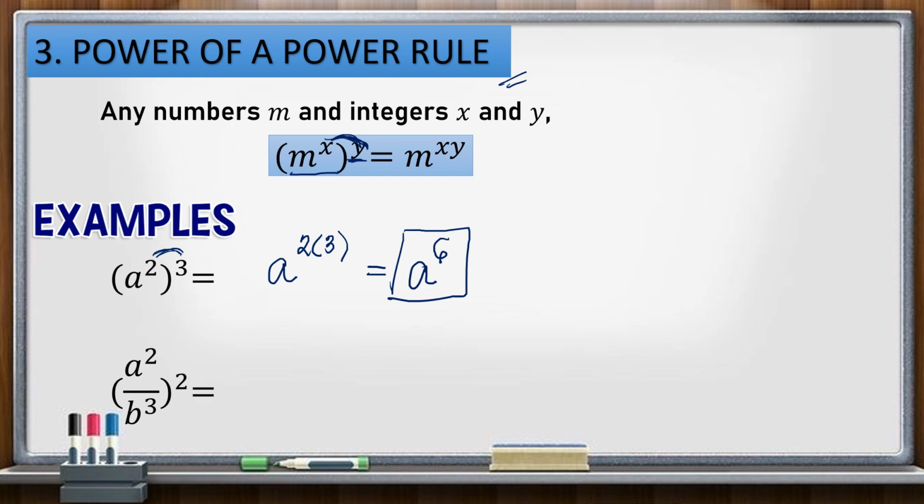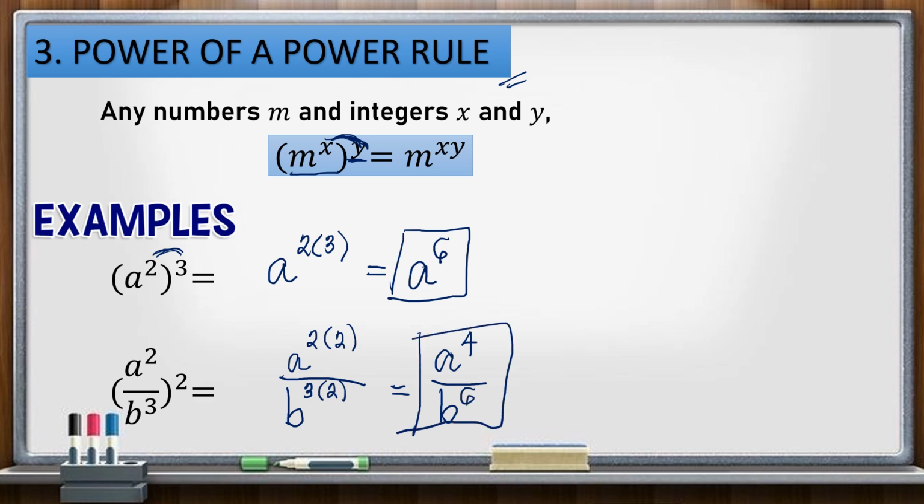So this will now become a raised to 2 times 2 all over b raised to 3 times 2. Okay? So therefore, we will have here a raised to 4 all over b raised to 6. And that will be our final answer. And that is the power of a power rule. Okay? You have to multiply po yung kanila namang mga exponent.